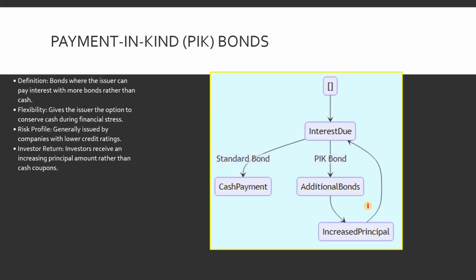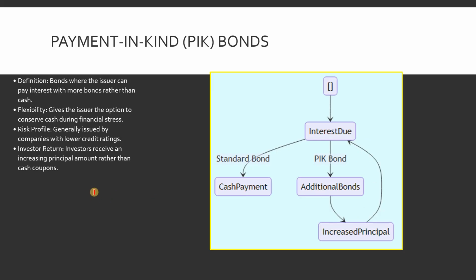However, these are typically considered riskier and are often issued by companies with lower credit ratings. For the investor, your principal balance grows, but you do not see cash until the bond is sold or matures. What is the takeaway here? PIK bonds prioritize issuer liquidity by substituting additional debt for cash interest payments.